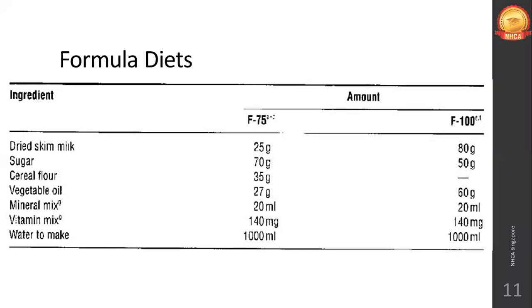Until the appetite of the child has returned to normal, these formula diets have to be given. They are made from a basic mix: dried milk powder, sugar, cereal flour, vegetable oil, mineral and vitamin mix, and water, with 1000 ml of water used to make these formulas.